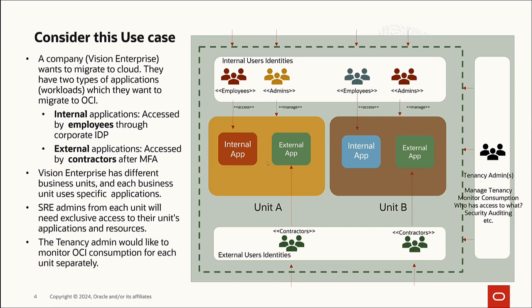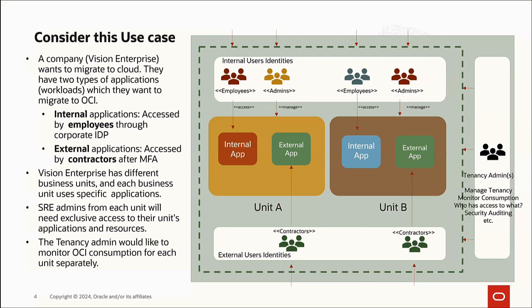And the idea here is that contractors, for example, will be able to access your external applications. Employees will access your internal applications, and for your admins, each unit will have their own set of admins. So Unit A will have a set of admin users, and these admin users will be able to manage, deploy, control, and monitor the applications that Unit A is deploying.